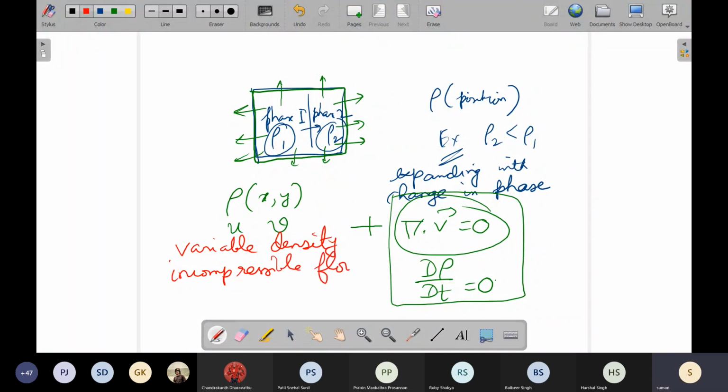So for many of you, it will appear like a golden bowl made of stone. That kind of statement: a golden bowl but made of stone, like incompressible flow but variable density.